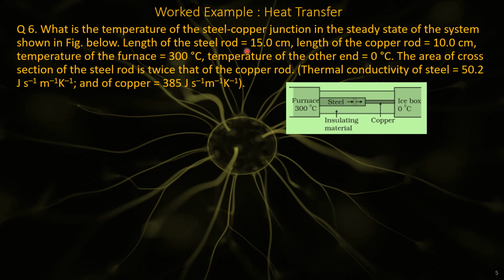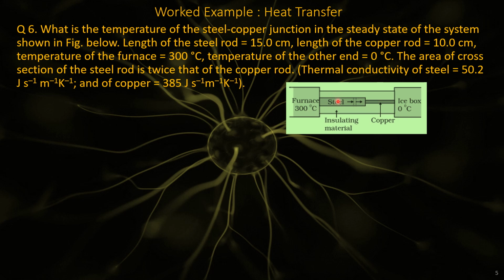Length of the steel rod is 15 centimeters. Length of copper rod is 10 centimeters. The temperature of the furnace is 300 degrees Celsius. Temperature at the other end is 0 degrees Celsius. The area of cross section of the steel rod is twice that of the copper.